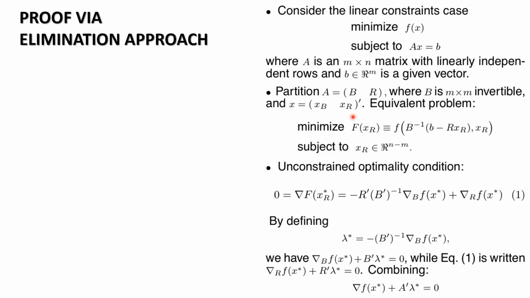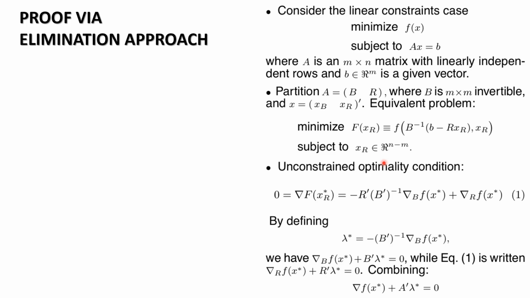And now the constraint becomes Ax is equal BxB plus RxR, which is equal b. Then we can receive xB is equal B inverse multiplied by (b minus RxR), with xR subject to some new constraint set, xR from the set R^(n-m).